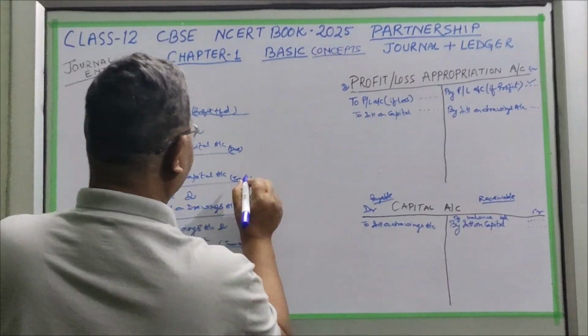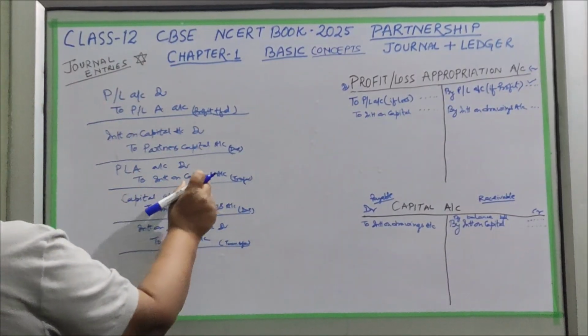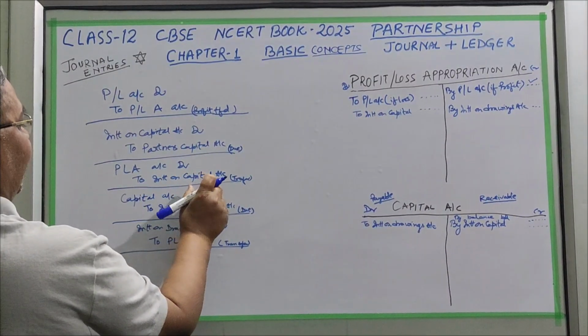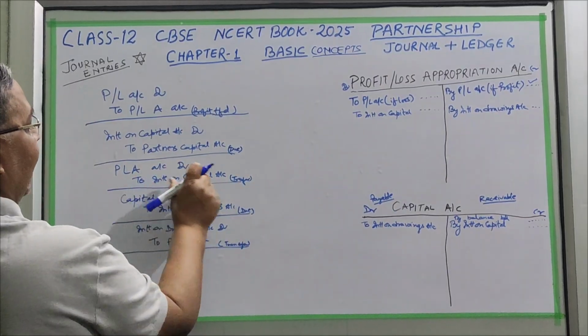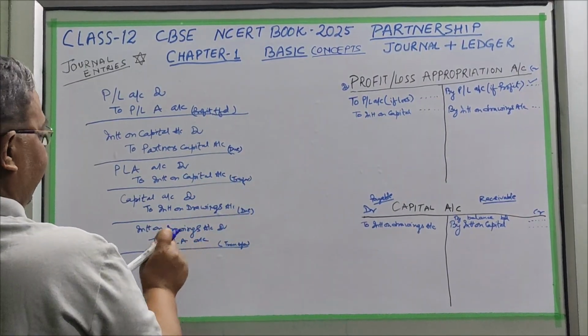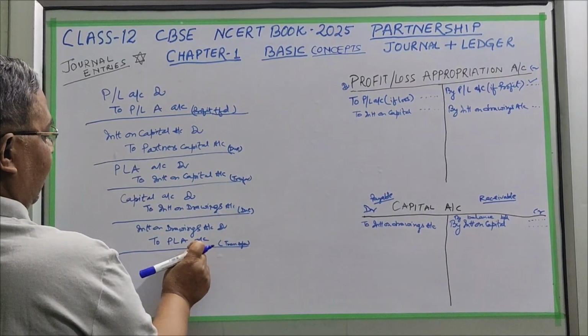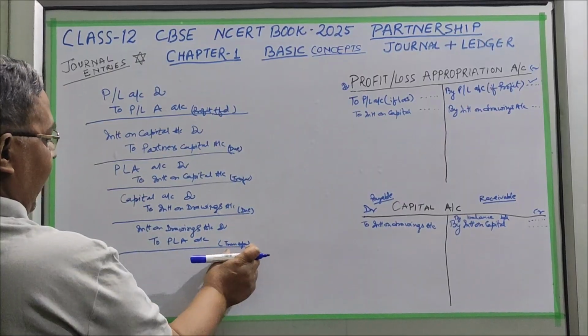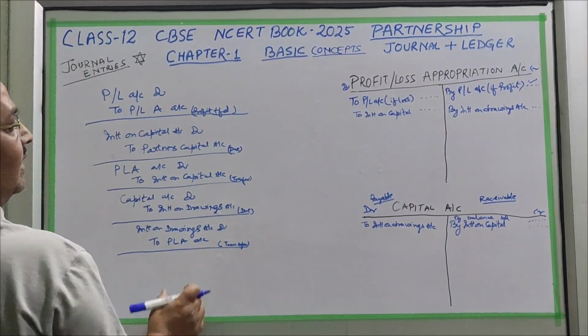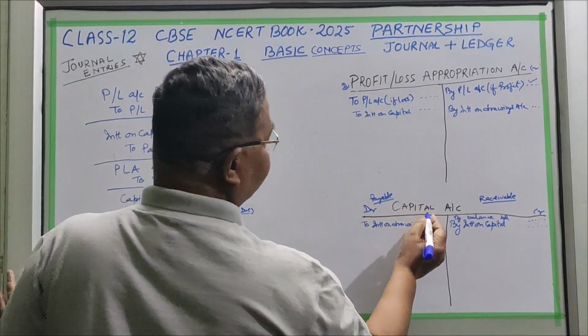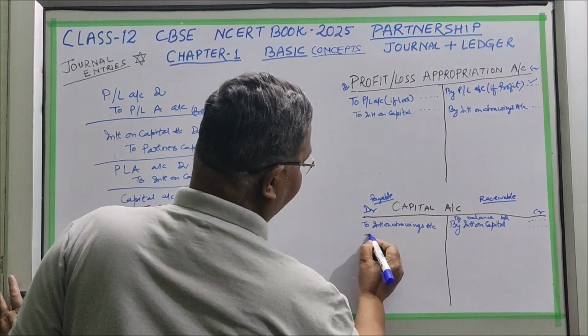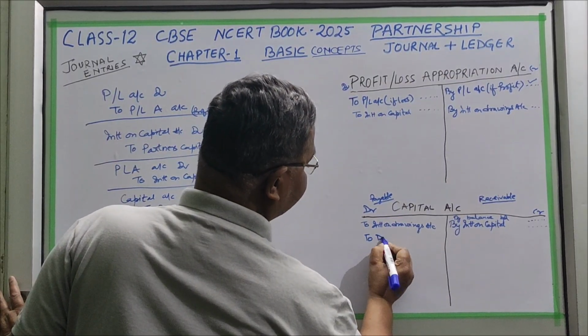Okay, full narration you can write here: interest on capital account balance transferred to PL account. Like this full narration you will write. Interest on drawings account transferred to PL account. I am just writing transfer so that you can remember. Hereafter from capital, drawings is also recoverable to drawings account.